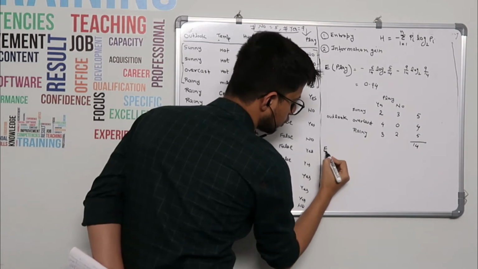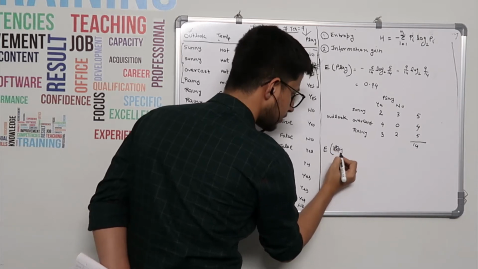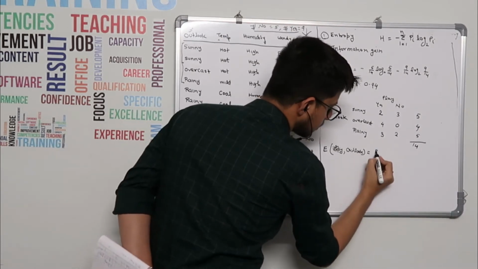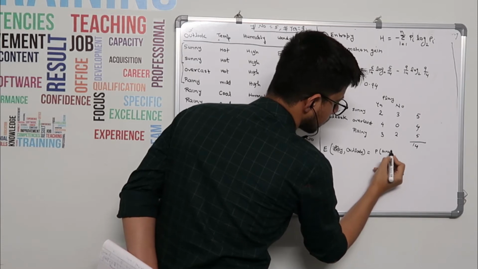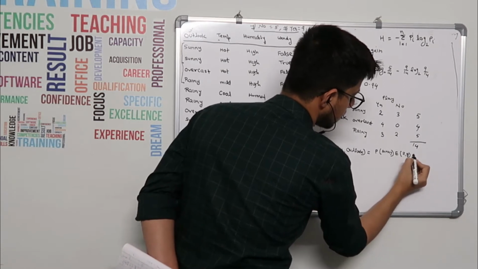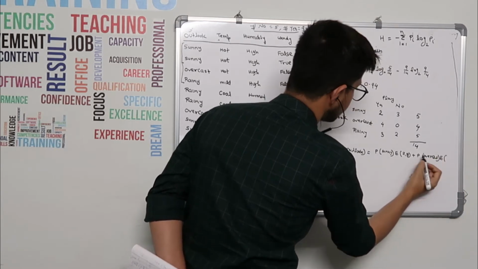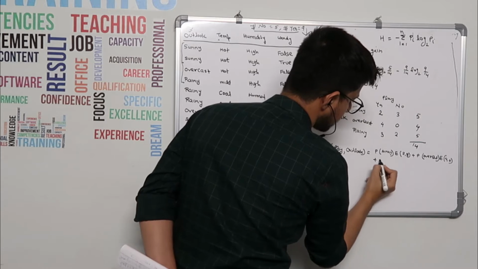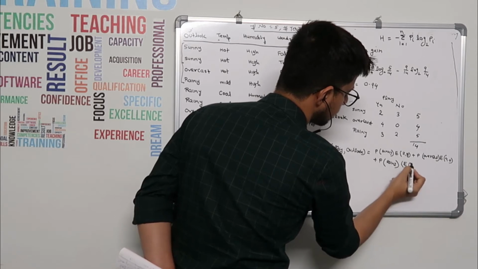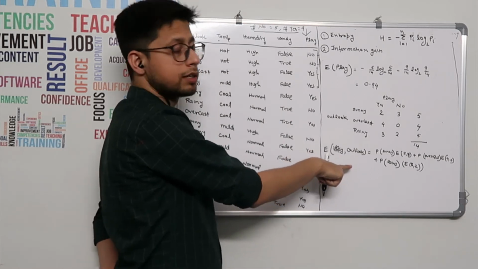The formula: entropy of play given outlook will be probability of sunny times entropy of 2, 3, plus probability of overcast times entropy of 4 comma 0, plus probability of rainy times E of 3 comma 2, correct.